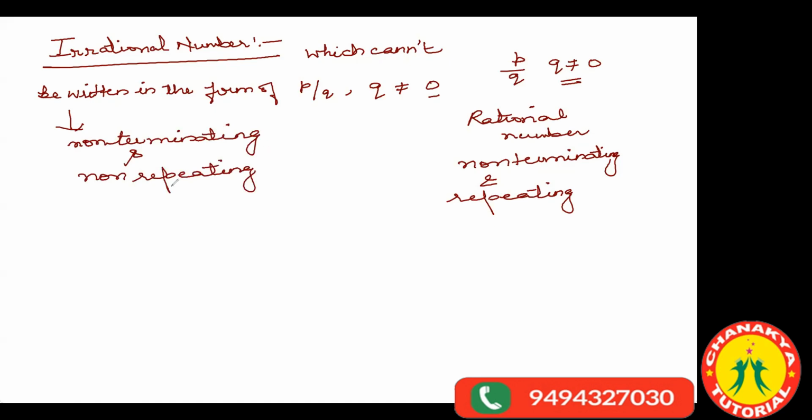Suppose the square root of 4 is 2. But if you are finding the square root of 2, it will be 1.414, and so on.